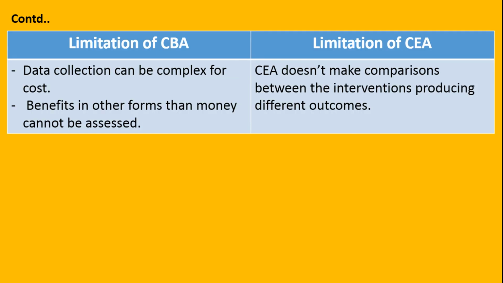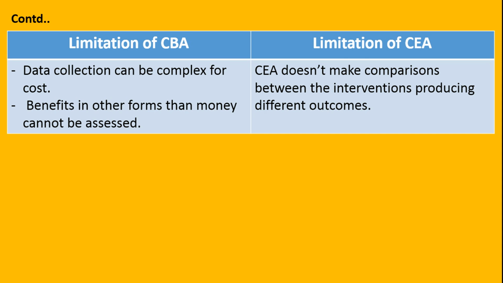Now, the limitations of cost benefit analysis and cost effective analysis. In cost benefit analysis, data collection is a major part. It can be complex for the cost calculation. Benefits in other forms than money cannot be assessed in cost benefit analysis.